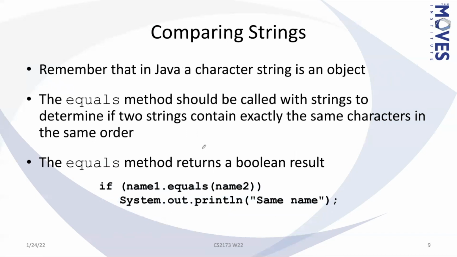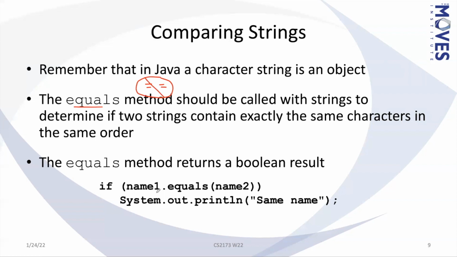Okay, so if you have strings, you might think if I have two strings that have exactly the same characters in them, and I want to say, are these the same string? You, again, should not be using the double equals. You should be using the equals method in strings.